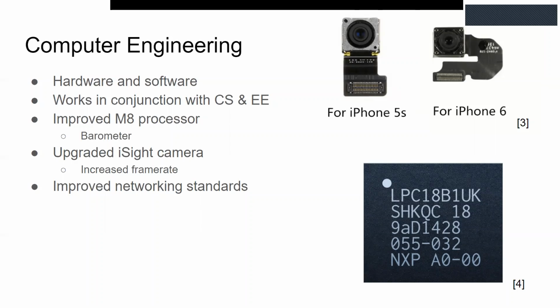One of the major improvements in the iPhone 6 was the improved M8 processor from the M7 processor in the iPhone 5, which included a barometer, which is an atmospheric pressure sensor that can be used to determine altitude, as well as an upgraded iSight camera, which doubled the frame rate from the iPhone 5, as well as improved networking standards, which increased overall performance from the network.